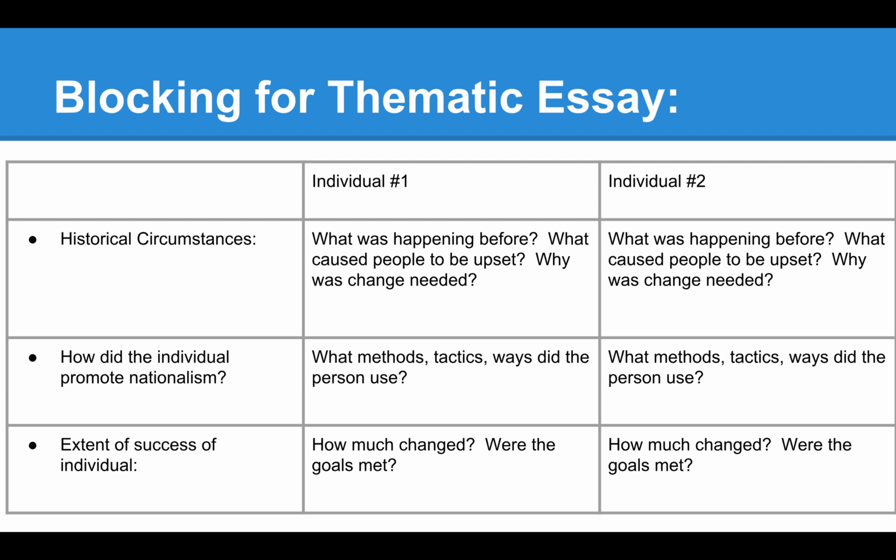The extent of Gandhi's success, well, India does get its freedom from Great Britain. Unfortunately, Hindus have a long road to equality of treating the untouchables better and really getting rid of the caste system. It's illegal to promote the caste system in India today, but it's still present. And Pakistan and India were partitioned, they were split, and that really upset Gandhi.